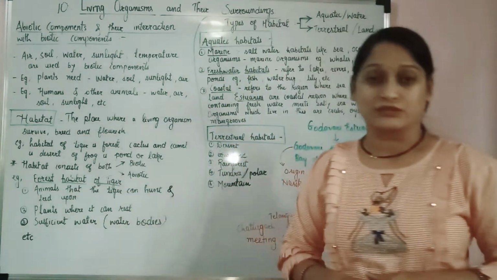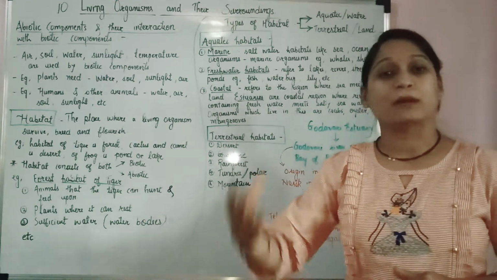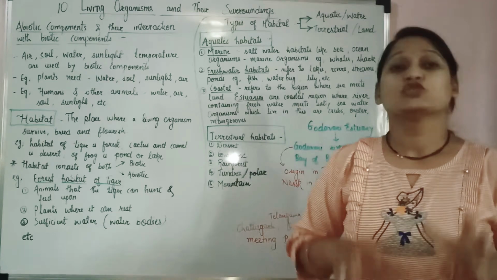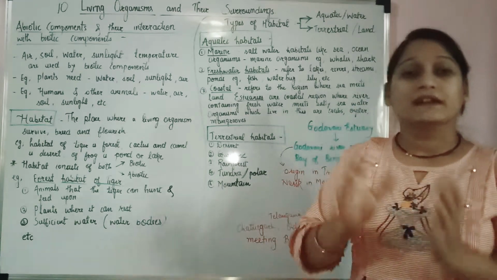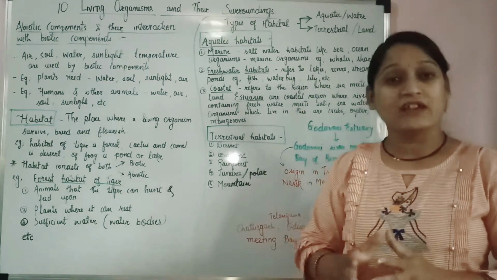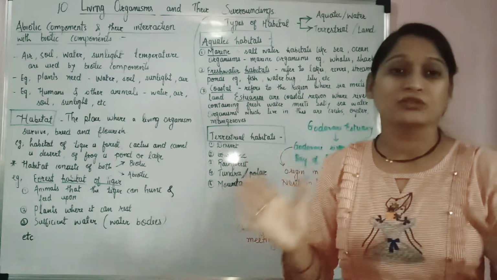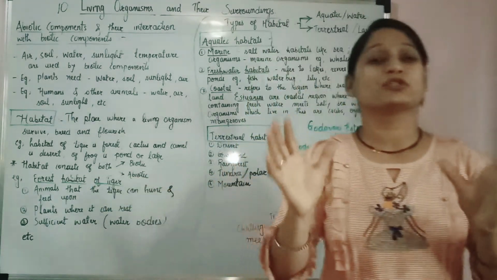Habitat consists of both. As I explained earlier, the earth consists of both biotic and abiotic components, right? So wherever an animal is staying, wherever its habitat is, there is a 100% chance that both biotic and abiotic components are present. In an ecosystem, I'll take the example of the forest habitat of a tiger.